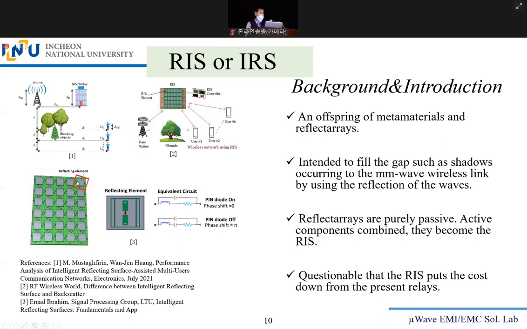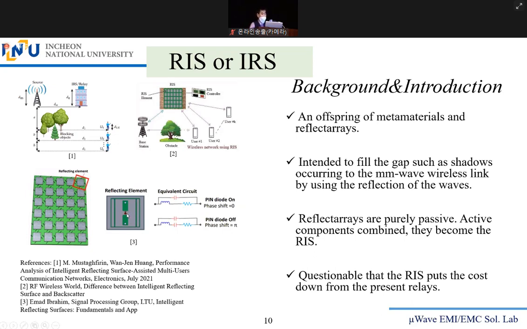Each of these elements or unit cells consists of this one. Can you see that? A PIN diode is controlled by the DC biasing. So underneath, you have a DC biasing line, a pair of DC biasing lines, and the control box. Then these two metallized blocks can be connected or disconnected in accordance with the selection of the switch.